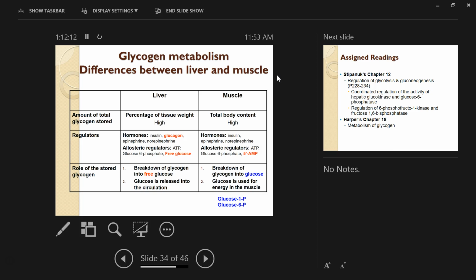All right, I think that's all I have for carbohydrate metabolism. Any questions for today's lecture? No, you all okay? Okay, so next Tuesday I think is the review, right?